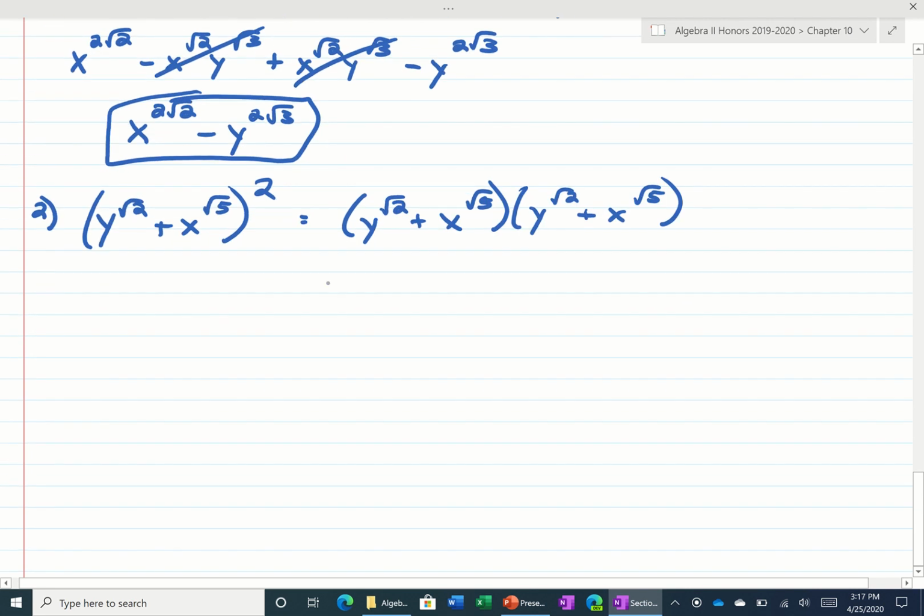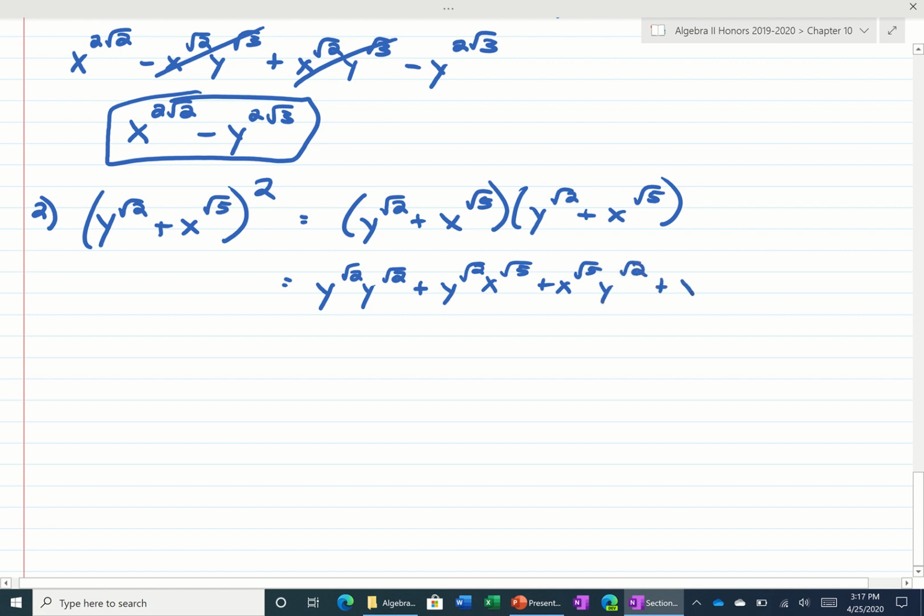Multiply the first terms. Outer terms. And then the last terms.